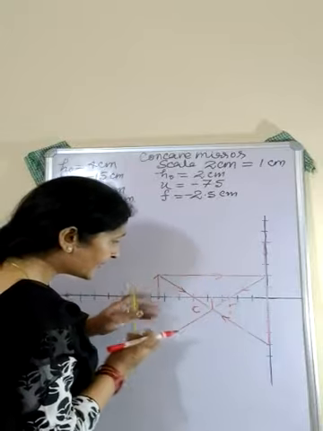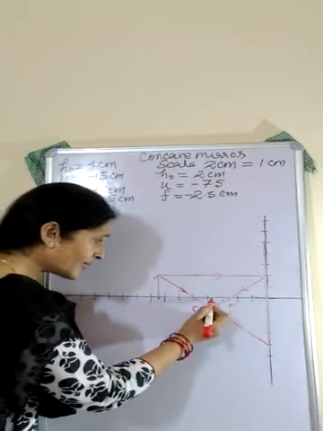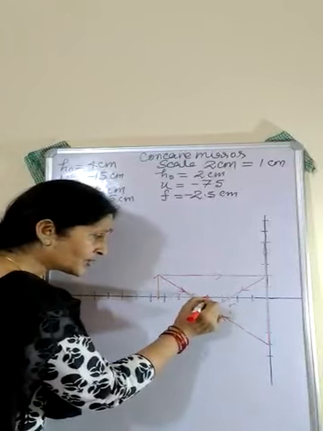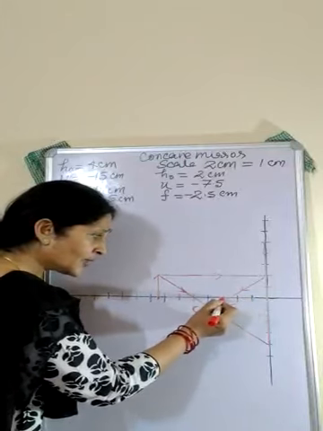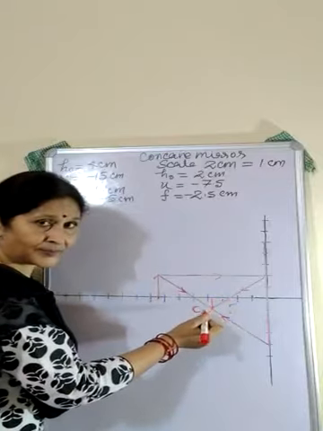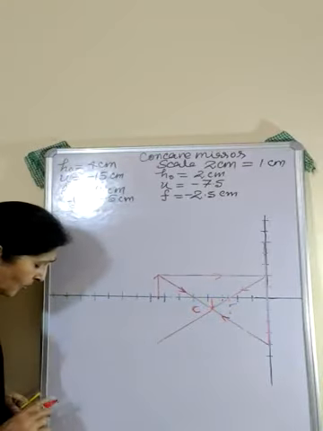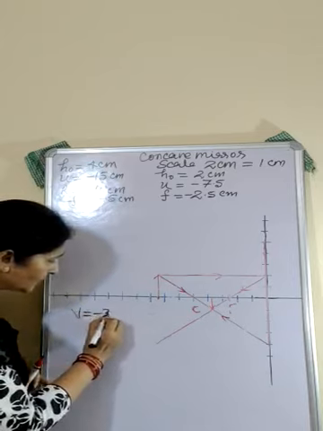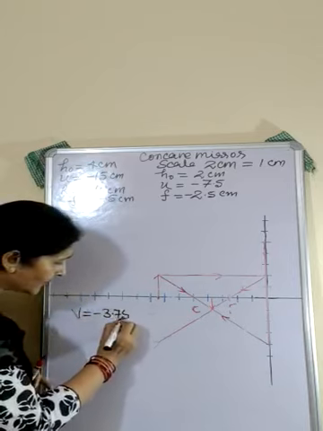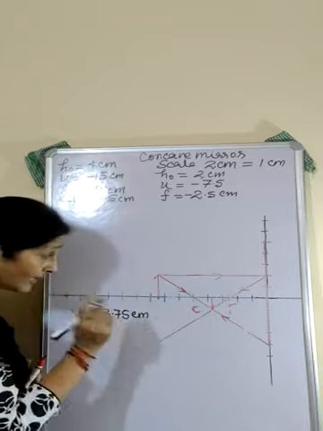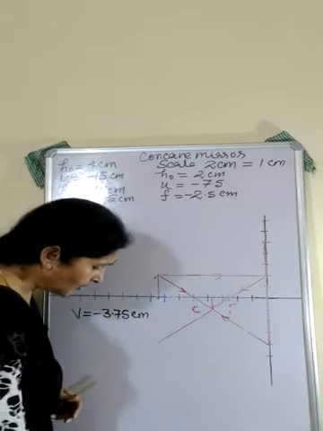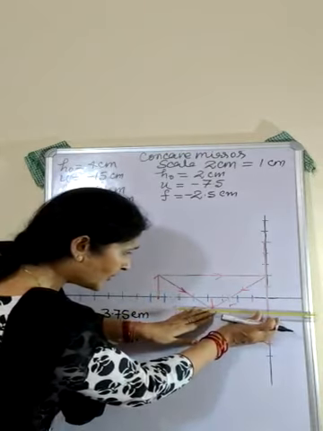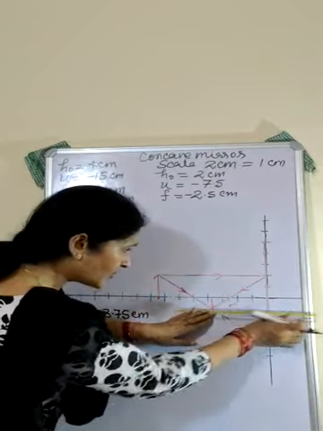This is our principal axis and image is formed here, and this is almost 3.75. V in the graph is equal to 3.75 centimeter, and the height of the image is equal to 1 centimeter.